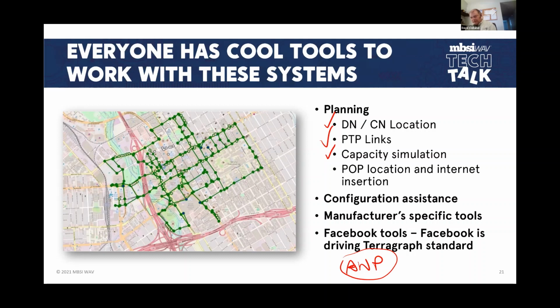It'll tell us what the capacity across the network is going to be, and it might give a recommendation as to where we're going to need to put that point of presence. They give configuration assistance, and then depending on the manufacturer, there might be specifics about the configuration or whatever happens to be that their particular tool provides. And if we had another few hours, I probably could go into some details on some of these tools, but nevertheless, this is very necessary to make this AY network perform at its best.